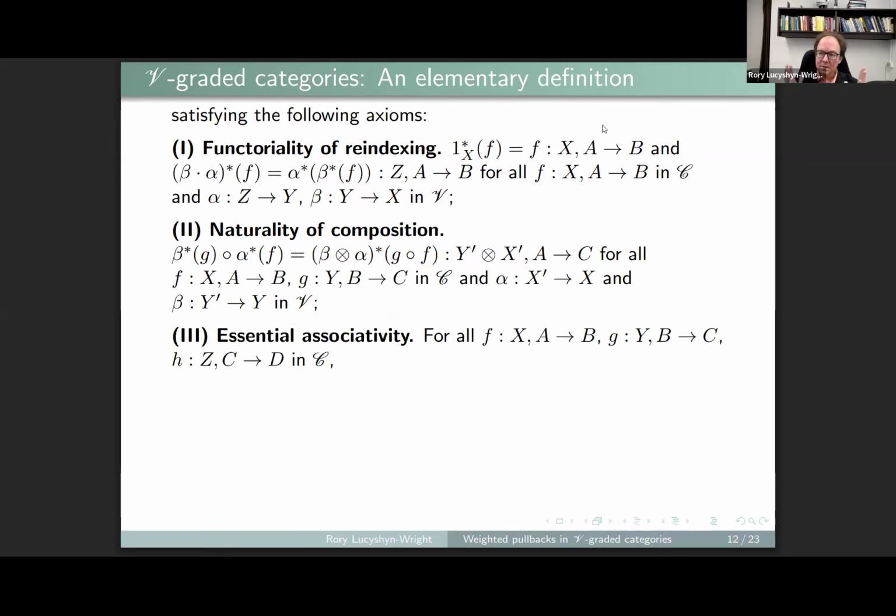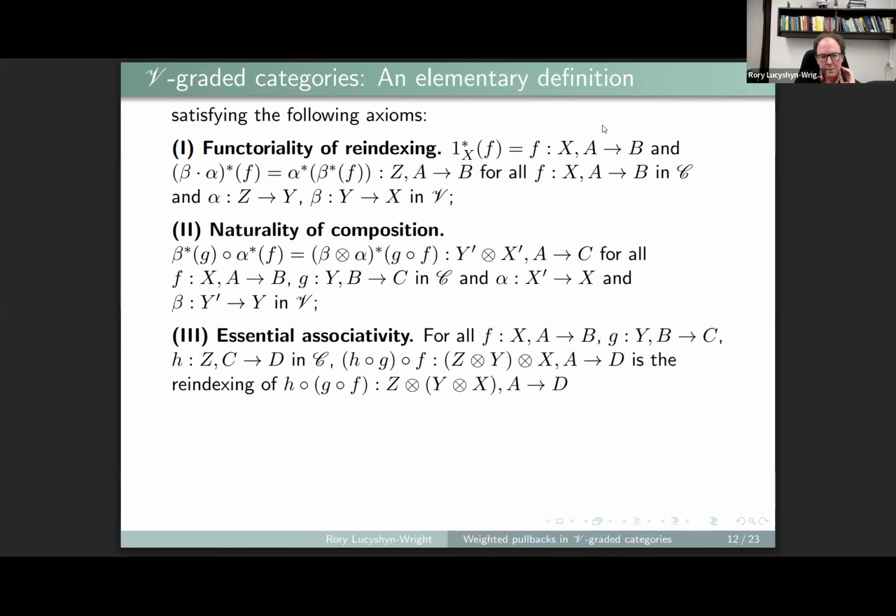Then we have an associativity of composition, but it shows up as being associativity up to reindexing. So if we have three composable graded morphisms, then when we look at this composite, it's the reindexing of this other parenthesized composite along the associator.